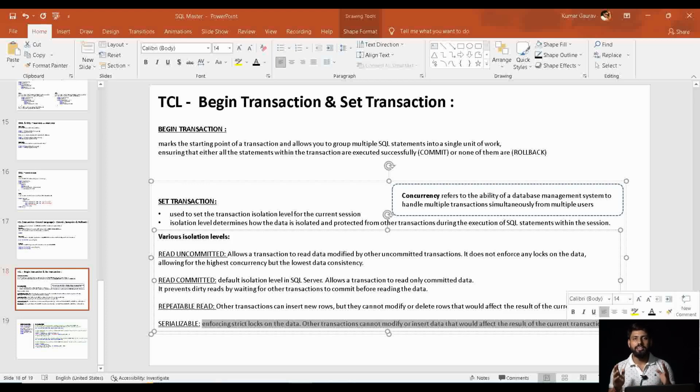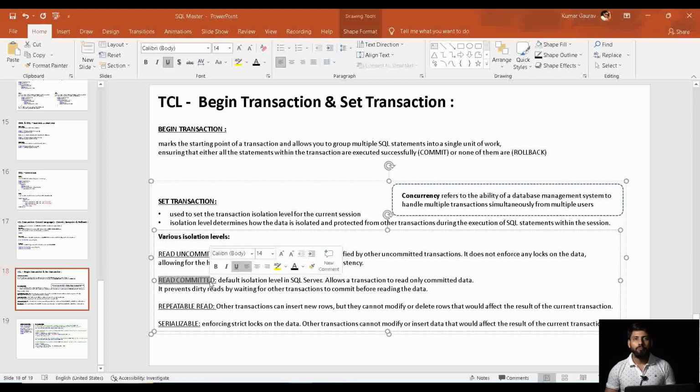Serializable is generally not used in normal day-to-day activity. It is for admin purposes, used when admin work is going on on the table. The others we use frequently, but read committed is the default one, with which each transaction in SQL Server goes by default.